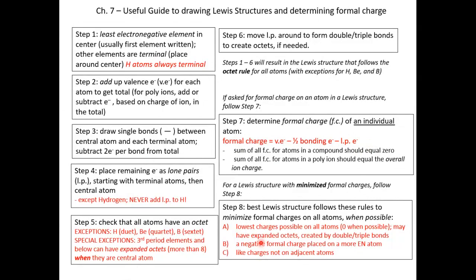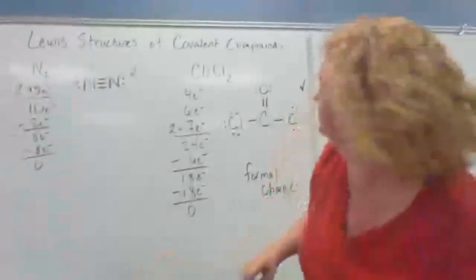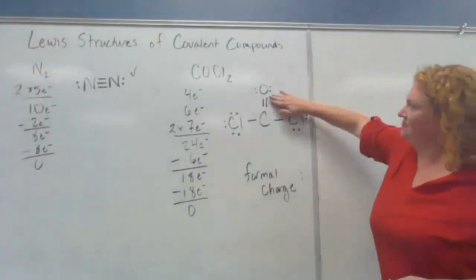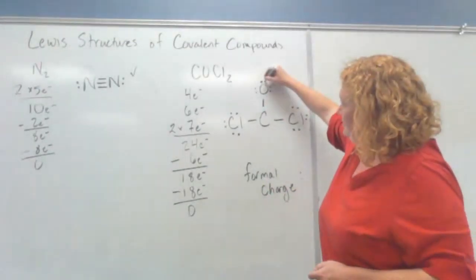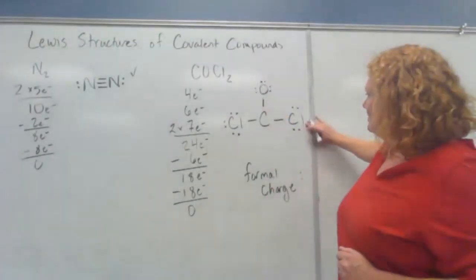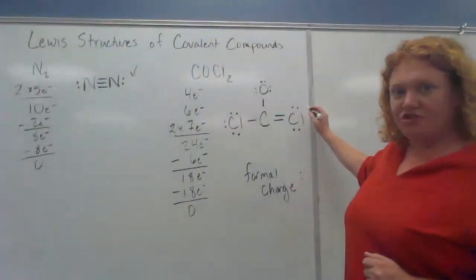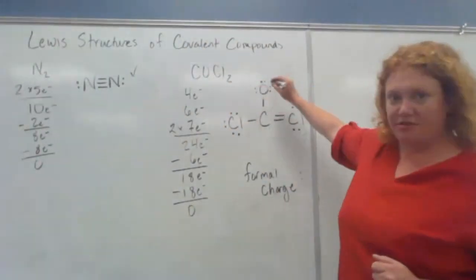The goal is to minimize formal charges when possible. So you want the lowest formal charge, such as 0 if it's possible, maybe a -1 or a +1. If you start having +2s or -2s, you can probably rearrange your structure to minimize formal charges. For this example, if we had left the oxygen like that and done a double bond with a chlorine, check the formal charge of this chlorine and of this oxygen.